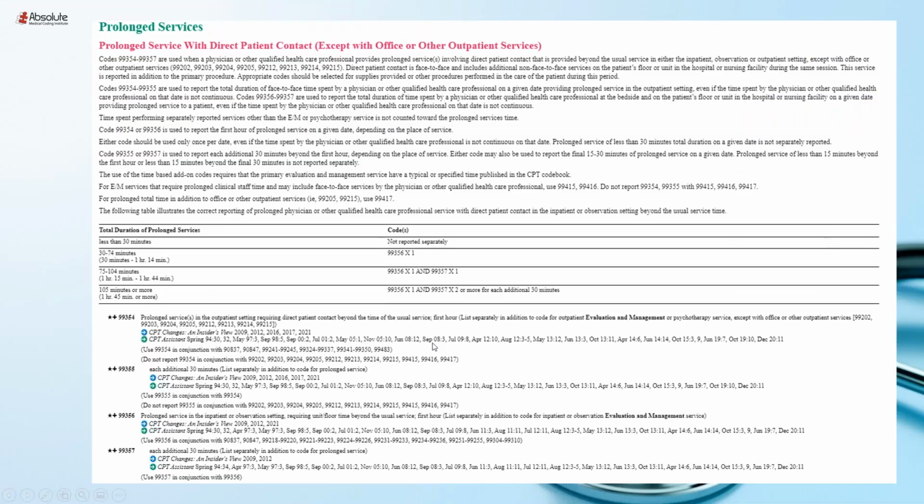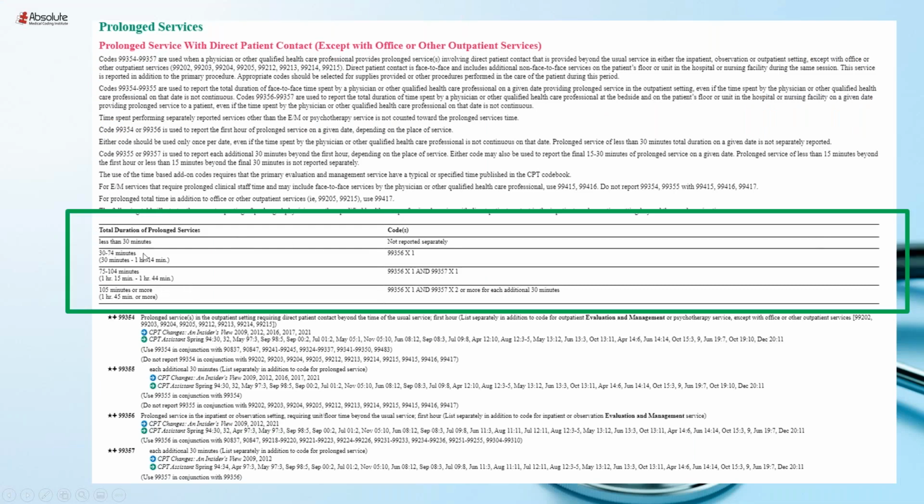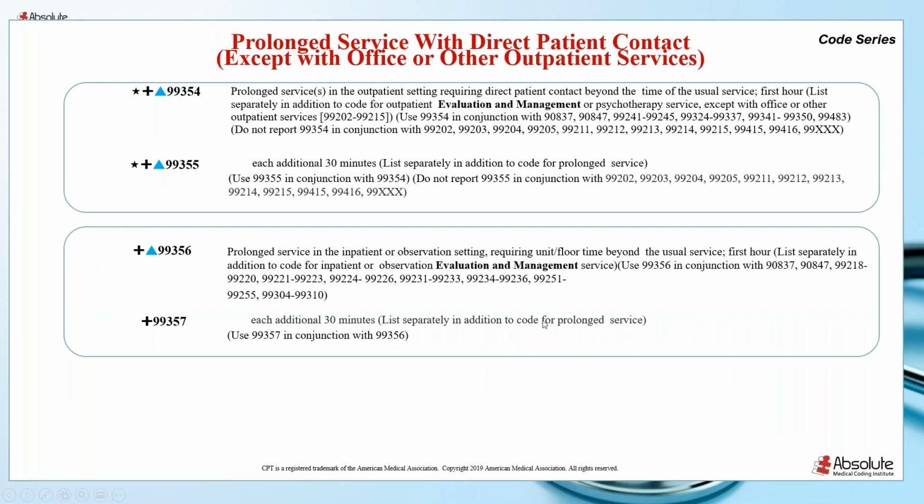And the best part about these prolonged services codes in each section is that they have nice charts that help you determine how to select the code. If we have direct patient contact, this is what you'll code it as. I love it. If it's less than 30 minutes, you don't use it, 30 to 74 minutes, and so on. Now let's take a look at the codes up close and personal. Prolonged service with direct patient contact, except office.